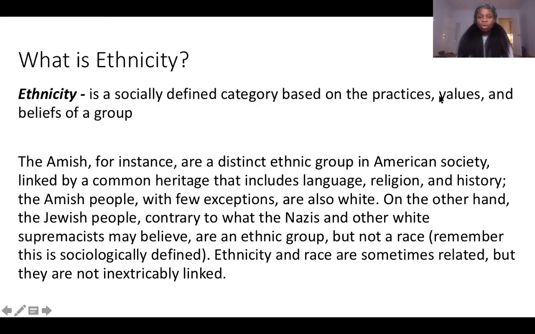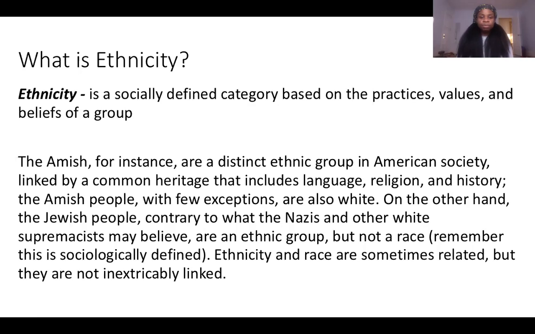Okay. What's ethnicity? Ethnicity is a socially defined category based on the practices, the values, the beliefs of a group. So the Amish, for instance, are a distinct ethnic group in American society. They're linked together by a common heritage that includes language, religion, and a history.